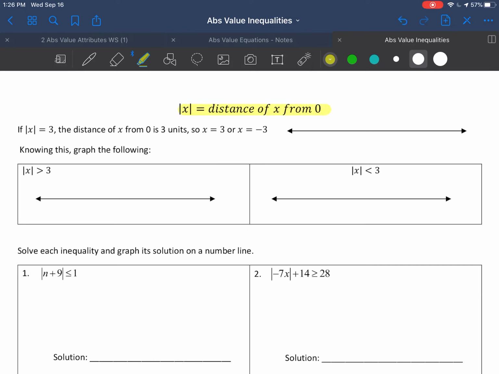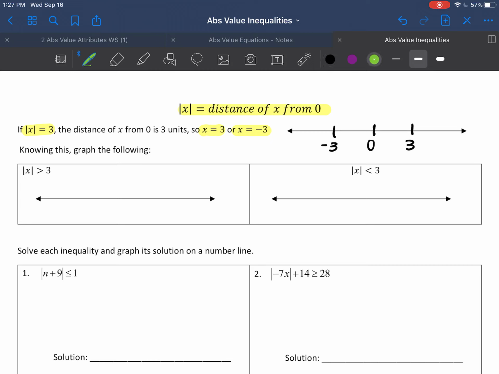Okay, and so if I say the absolute value of x equals 3, since the distance of x from 0 is 3 units, that could give us two solutions, 3 or negative 3. And so if I graph this, here's 0, here's 3, here's negative 3.